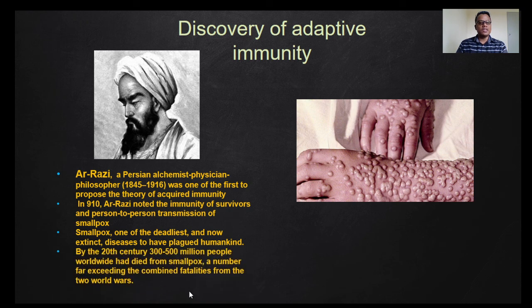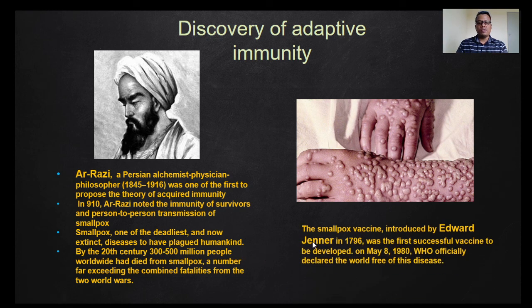By the 20th century, 300 to 500 million people worldwide had died from smallpox. These numbers far exceed the combined deaths from the two world wars. The smallpox vaccine, introduced by Edward Jenner in 1796, was the first successful vaccine to be developed.